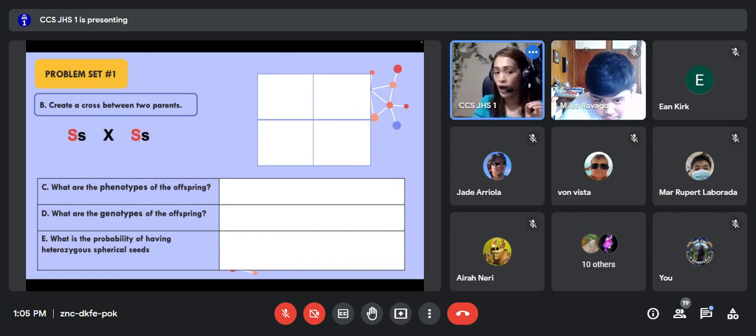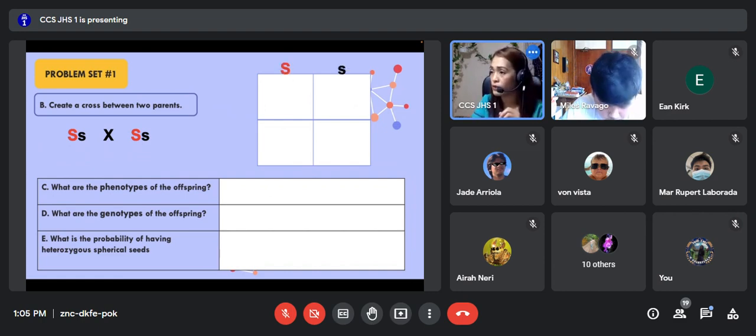So take note, both parents are heterozygous. Now, since the letter S is really difficult to identify as capital or small, what I did is I highlighted the capital letters in red, and the small letters are in black. So let's distribute that here.